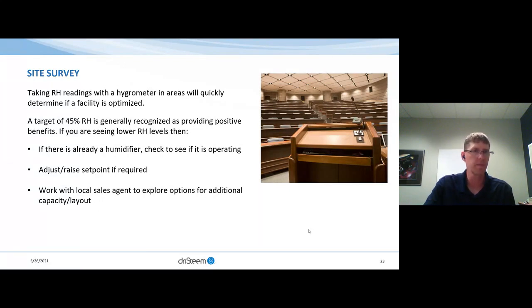So it's really thinking through how the existing equipment is set up and operating, and what we can do to help address that and move it into that ideal 40 to 60% relative humidity range.